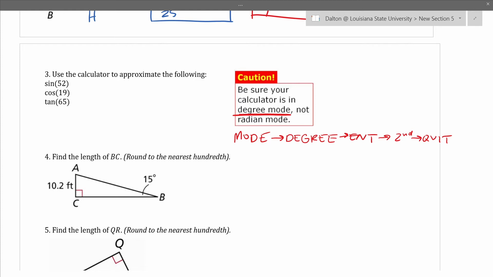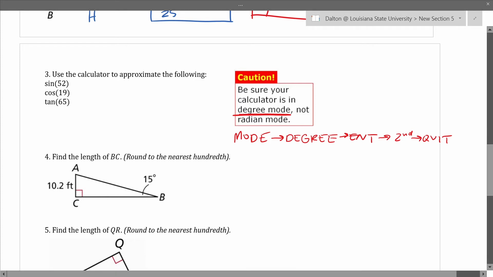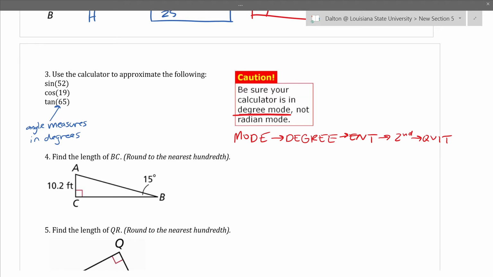And then to find these, all you're going to do is literally type them in the calculator. So I should have put the degree symbol here, but all of these are angle measures in degrees. So now we're almost going backwards. Instead of using the ratios given the triangle with a picture, I'm now giving you the angle itself, and I just want you to approximate that decimal using the calculator.